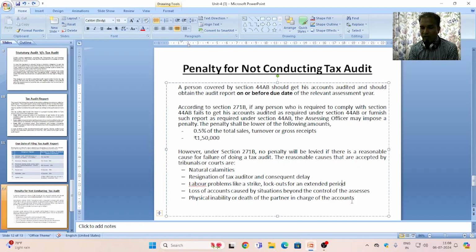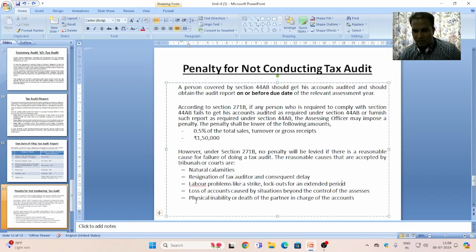Suppose accounts have been stolen by thieves. So in this case, under section 271B, the assessing officer may relax the penalty, meaning there may be no penalty.